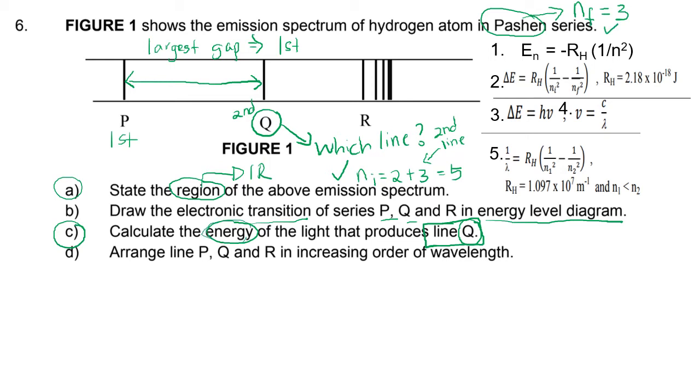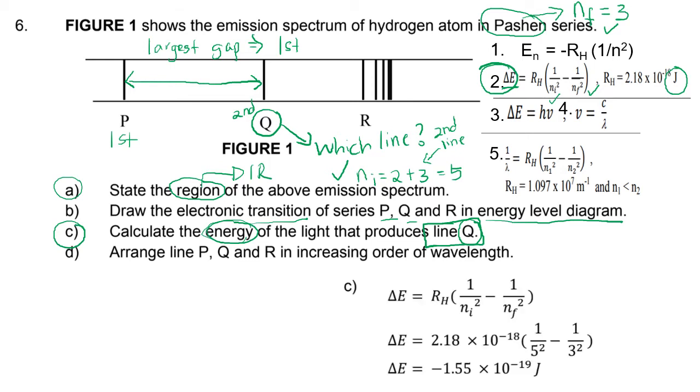So that means we are going to use formula 2. We need to find energy, delta E, and then we have the initial energy level and final energy level. At the same time, don't forget, we have to choose the Rydberg constant with the unit of joule. Okay, so this is the formula. We substitute in, and then this is the final answer.